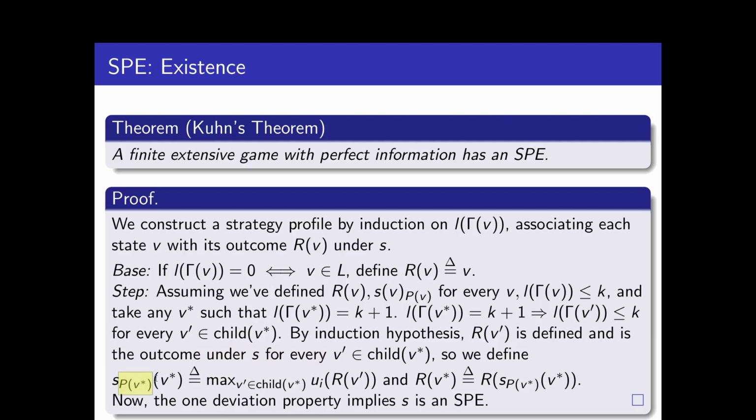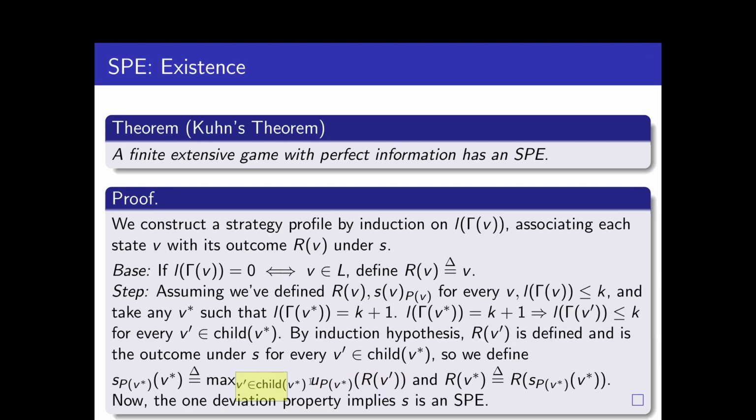So the S of P V star will be the best for that agent I. I is the agent who acts. The best from the point of view of this agent of all the outcomes, which will be under the strategy we have defined at the children.